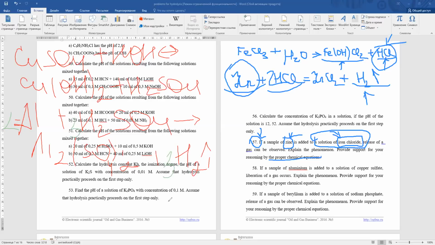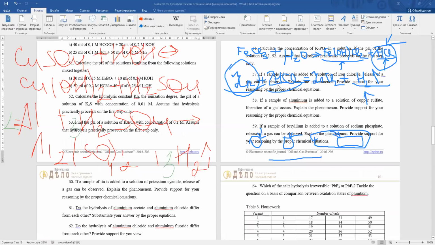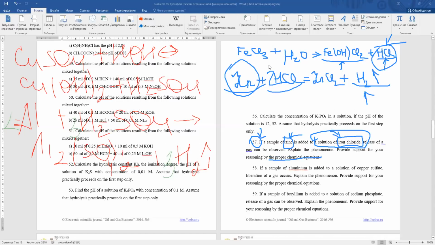You showed me the gas formation exactly, and the products are correct. It will take place because of hydrogen sulfate. Yes, and that's formed from the hydrolysis process with copper sulfate. Yes. Okay, good job. And let's concentrate on the next problems.